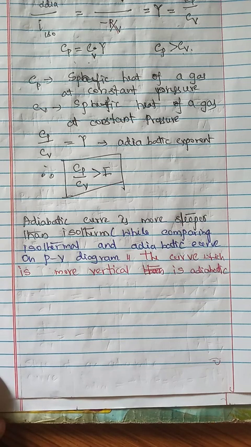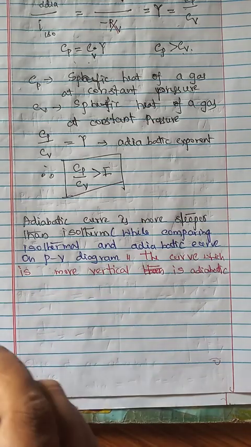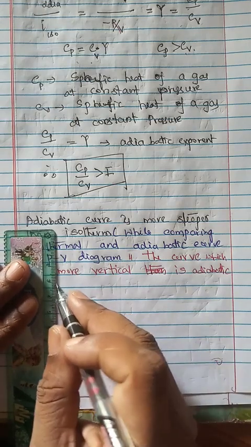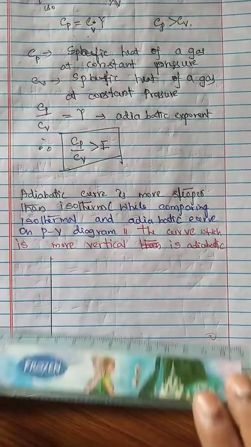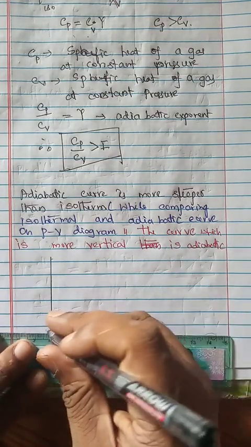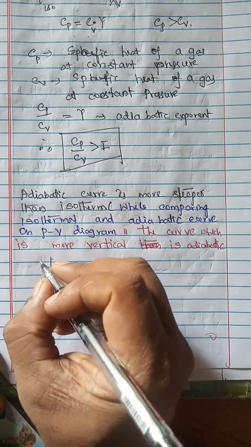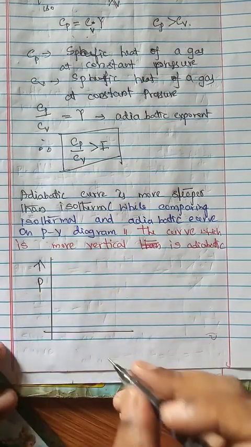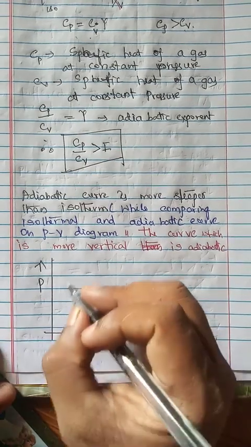Now let me take some examples. Here, this is the plot I will take. In this graph, I will take pressure along the y-axis and volume along the x-axis, and there is one point.